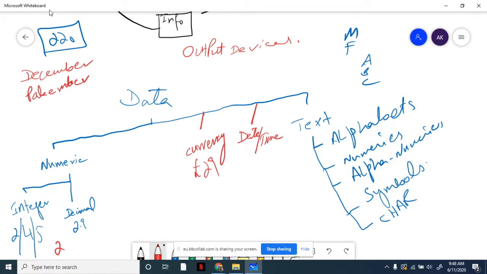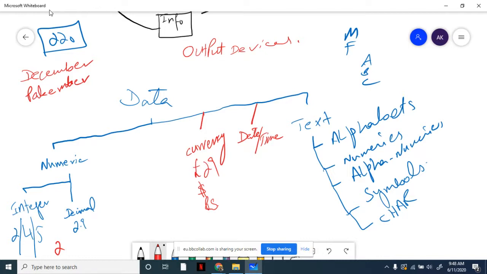There is a pound sign, or a dollar sign, or a rupee sign. So currency means a number with a currency symbol. We want currency to be used in different numeric functions, which can be used inside formulas.